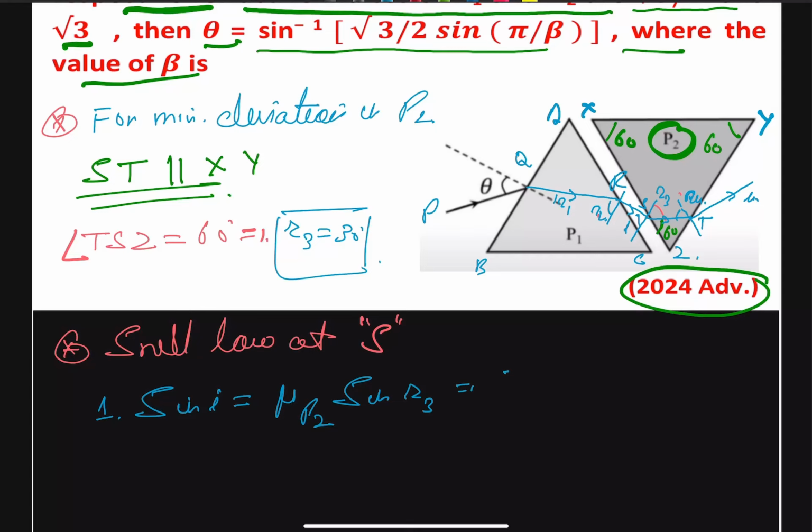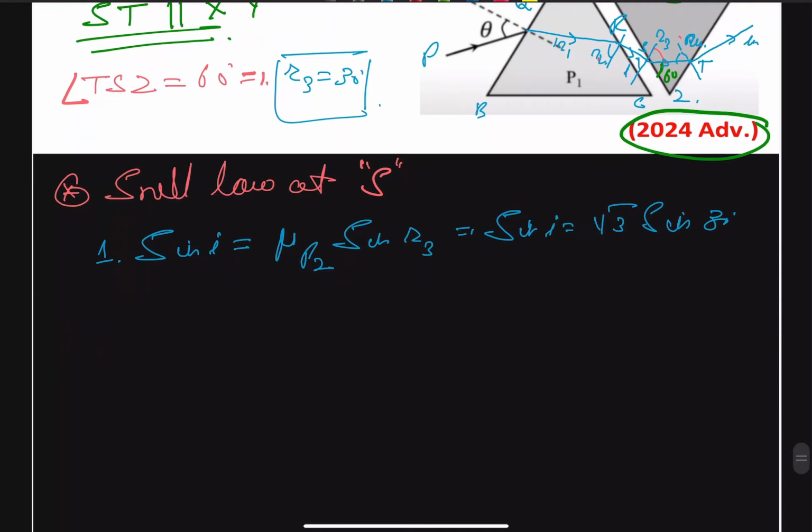So we can say our sine of I is equal to square root of 3, and here we have sine of 30 degrees. Therefore we get that sine of I will be equal to root 3 by 2. Sine of I is equal to root 3 by 2, giving us that the angle I is equal to 60 degrees.